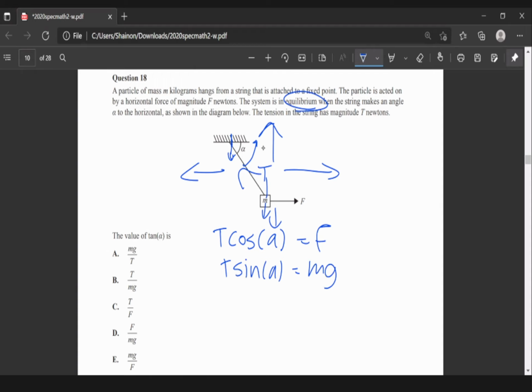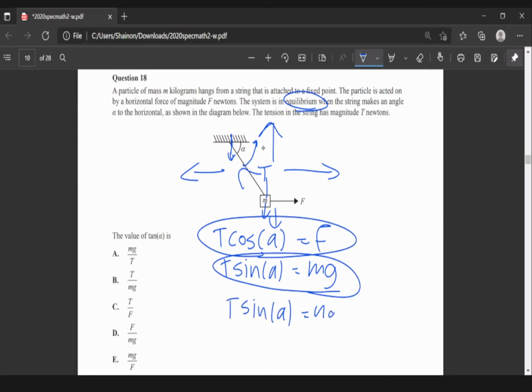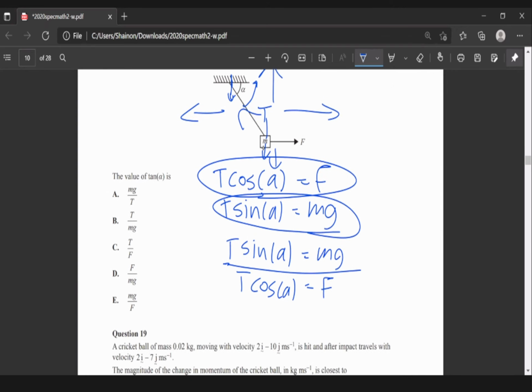So then we do this one over this one. T sine theta equals mg over T cos theta equals F. So then we should get tan theta is equal to mg over F. So this one, E.